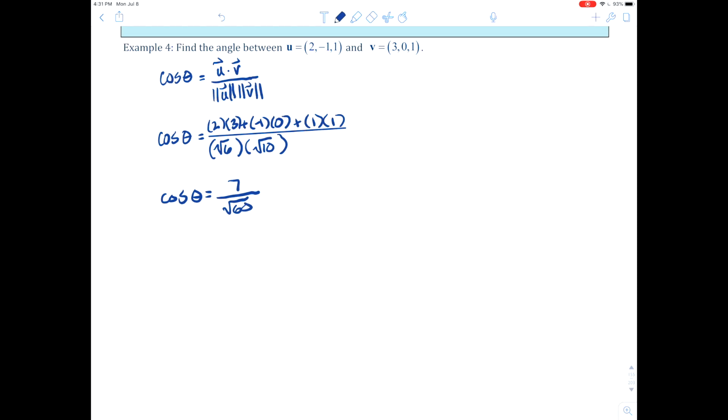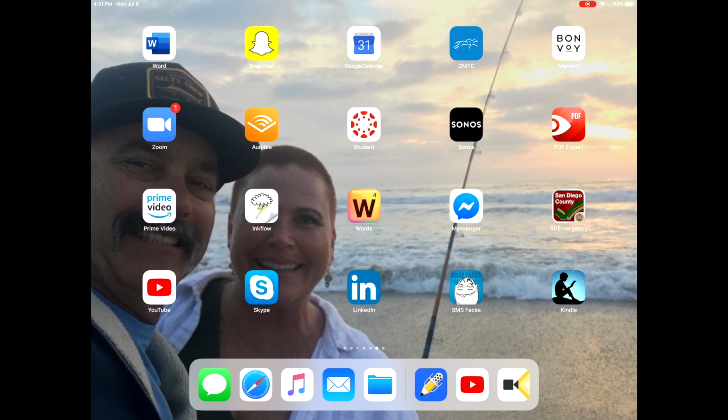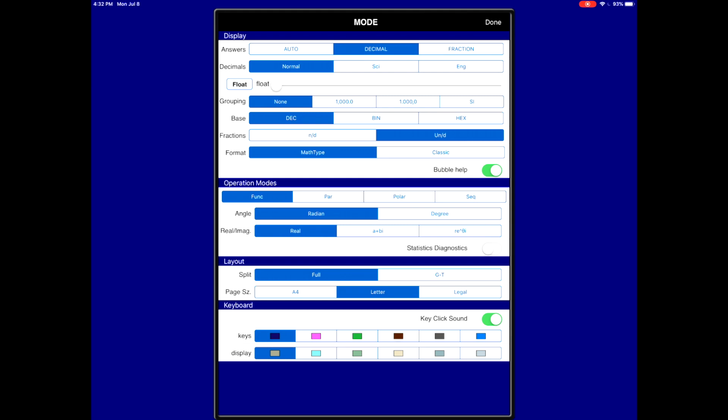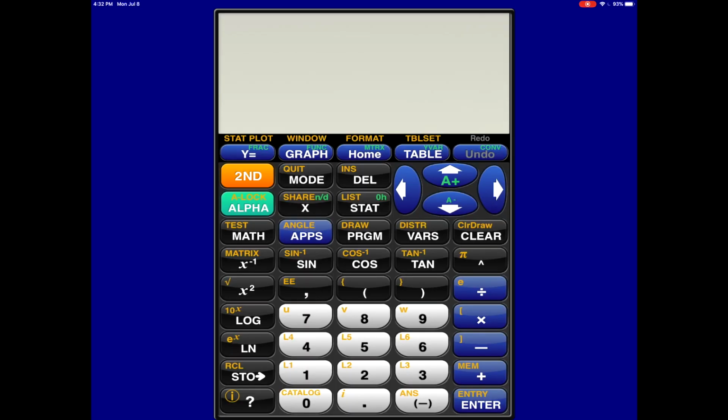And let's find that angle. I know root 60 can be simplified, but let's find this in radians, okay? So just in case you forgot how to do it, let's bring the calculator up. Make sure you're on radian mode. And I am. So what did we have? 7 over root 60. So we want to find what? The inverse cosine of 7 divided by root 60.